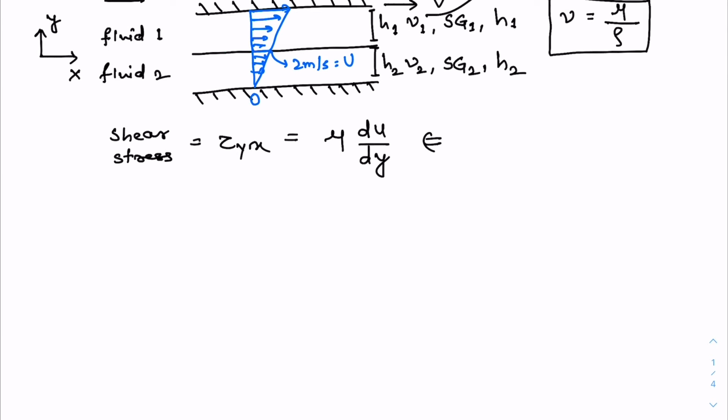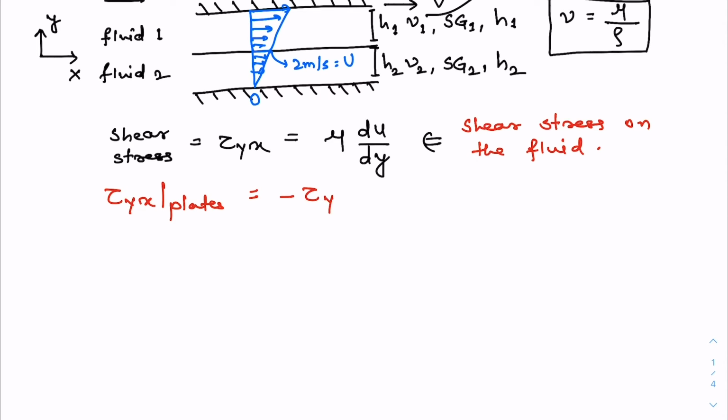So this is the shear stress on the fluid. So the shear stress on the plates is equal to negative of the shear stress on the fluid. So it will be minus mu times du by dy.